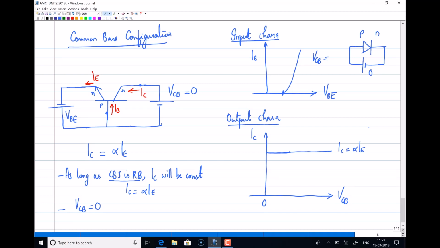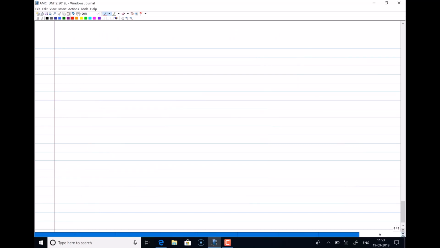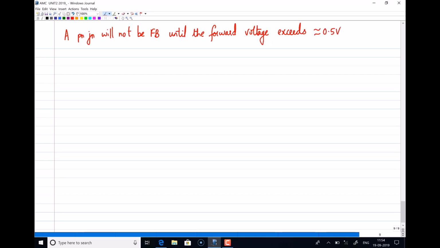Now at what voltage will this junction become forward biased? So generally, you make a note. Generally a PN junction will not be forward biased until the forward voltage exceeds a particular value, approximately 0.5 volt.